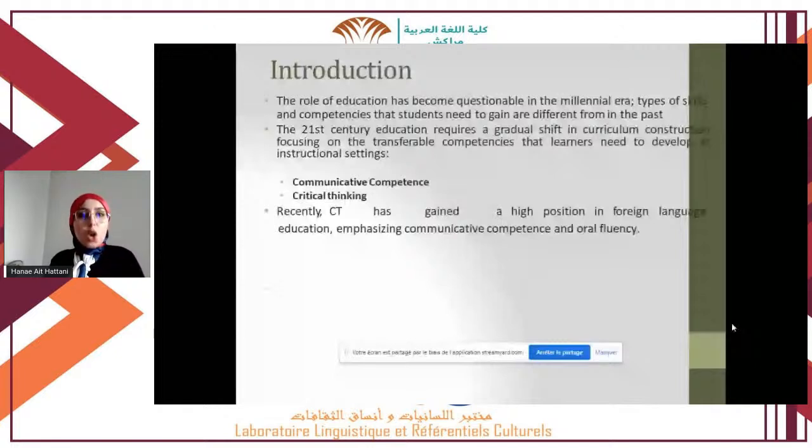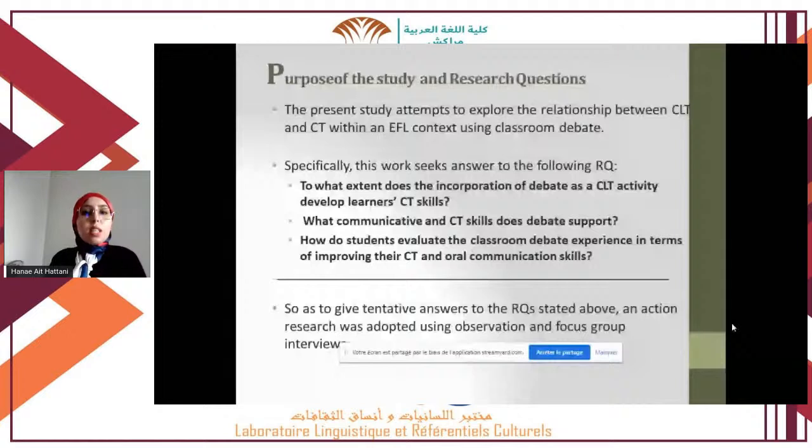What communicative and critical thinking skills does debate support? And how do students evaluate the classroom debate experience in terms of improving their critical thinking and oral communication skills? In order to give tentative answers to the research questions stated above, an action research was adopted using classroom observation and focus group interviews.